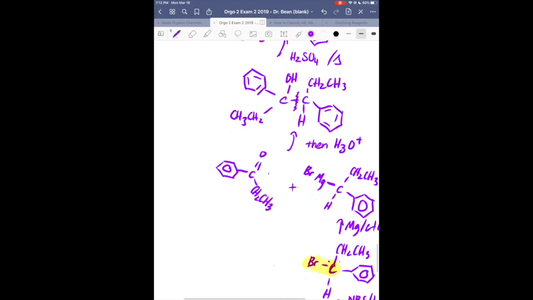That is the exact same thing as this, which we already formed all the way over here. So for this, I would just write an asterisk saying already synthesized, right? You don't have to be redundant and write the same thing again, okay?